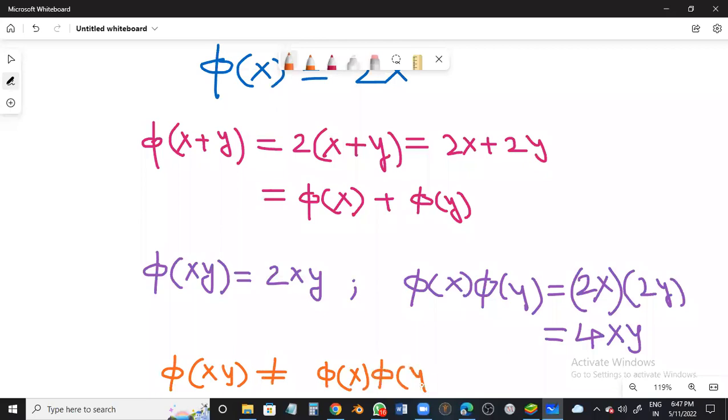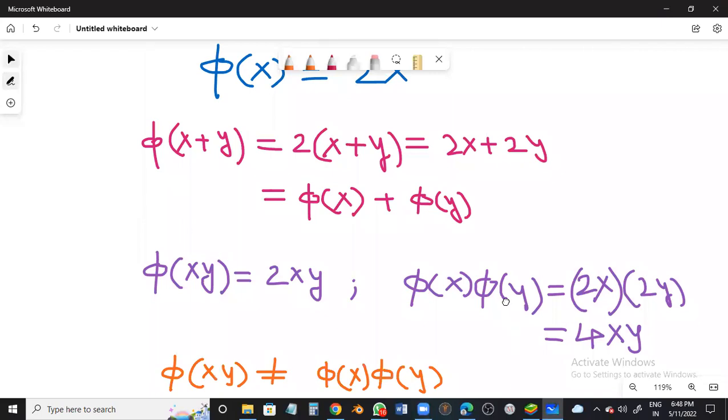So phi does not satisfy the homomorphism property, because homomorphism needs to preserve both the operations, addition also and multiplication also. Addition is satisfied, but multiplication is not satisfied. So it's not possible. And that is why I can say phi is not a homomorphism.